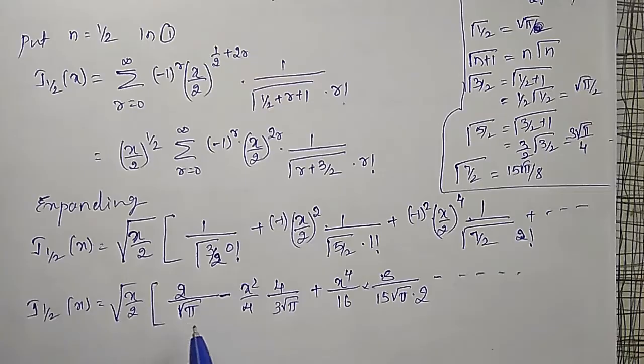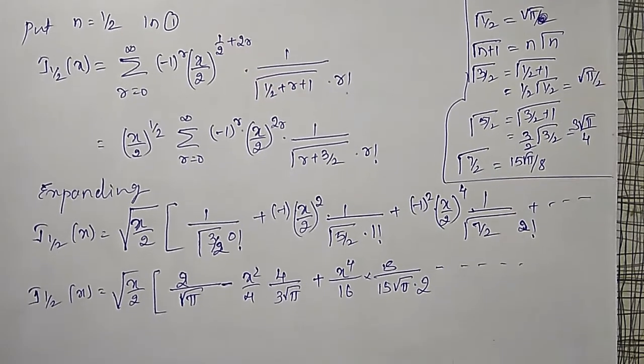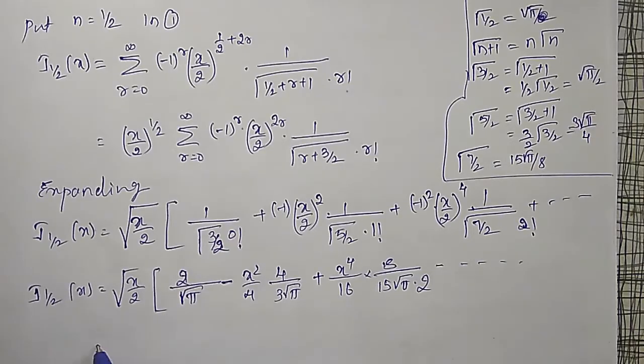And from this one, root pi again I can take common. Not only root pi, I will take even 2 by root pi also. Then what I am going to get, let me see. Here I will take square root of x divided by 2 into 1 divided by root pi common.